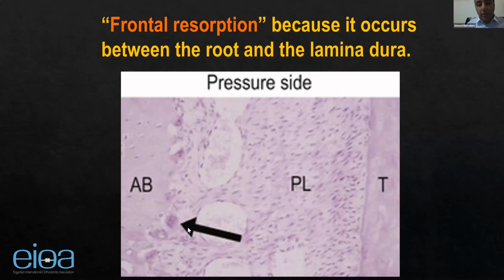Can you see that with the arrow? This is an osteoclast. When you see these osteoclasts, you understand that this is the resorption side. Because resorption is coming from the periodontal ligament, from the tooth to the bone, we call this frontal resorption, all right?